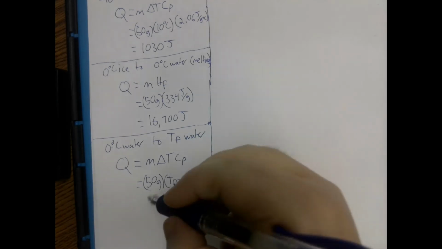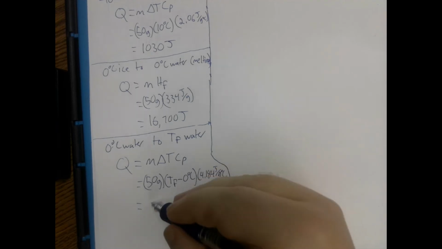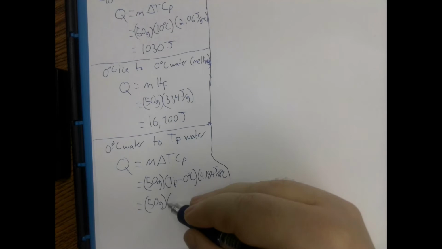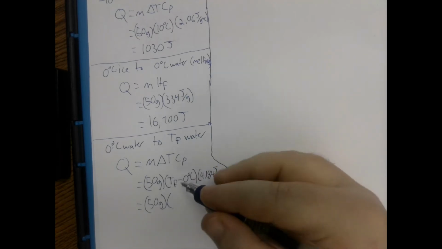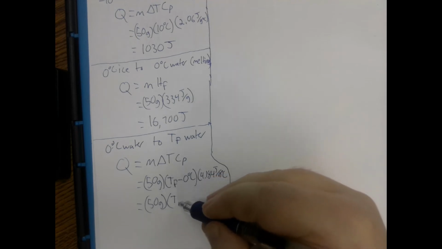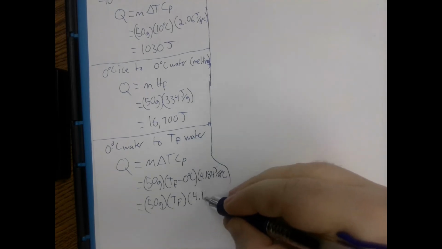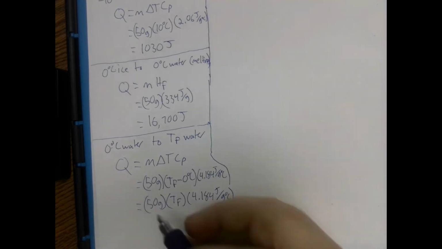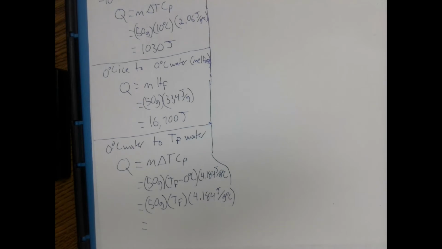I can go ahead and work this out and simplify. So that's 50 grams. I'll keep the units in. So TF minus 0 is just TF. 50 times 4.184.